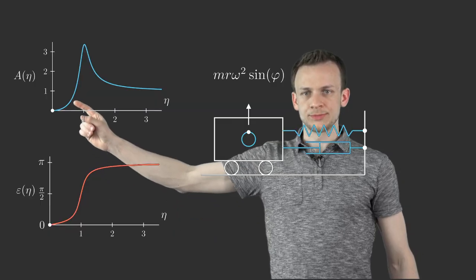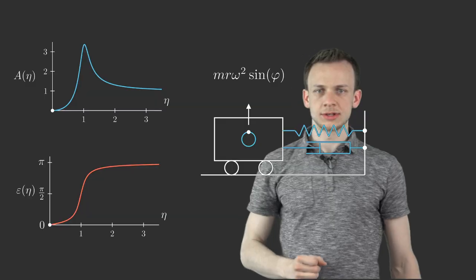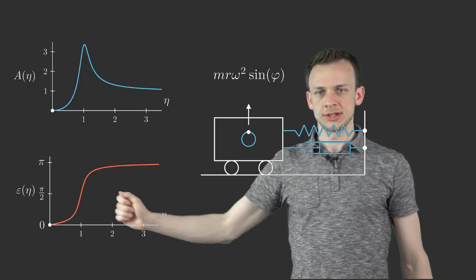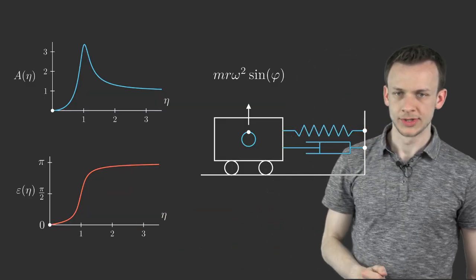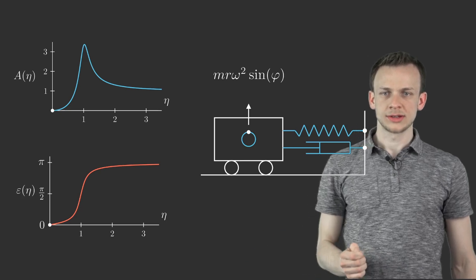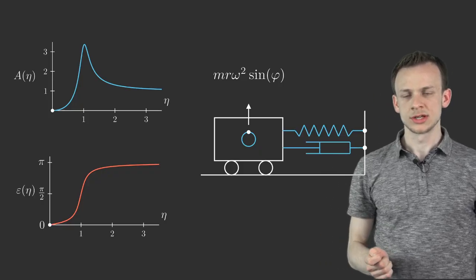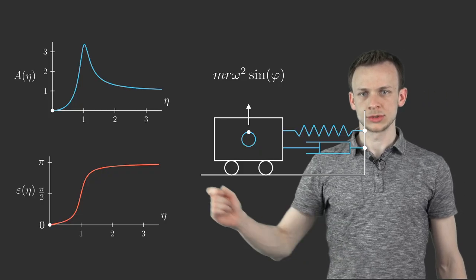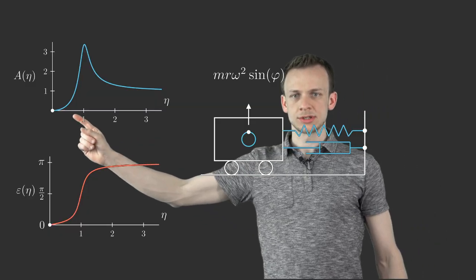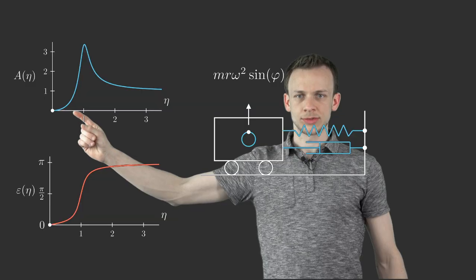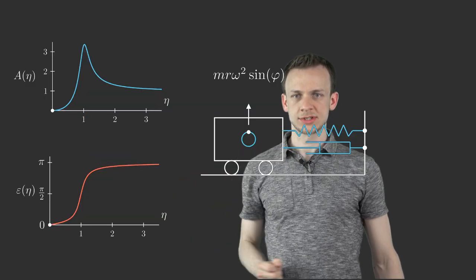In the top plot, we consider the magnification factor, and here we consider the phase shift. In this example and in the next examples, we don't consider a transient excitation, but we will also focus on what happens if we consider the angular frequency to be fixed at a certain point.